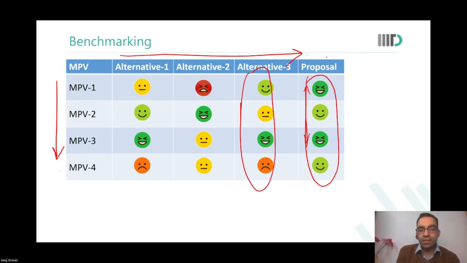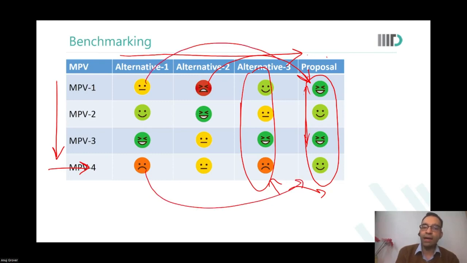And this MPV4 is what I will pivot to the users of alternative 3 to pull them over to my product. And say for alternative 2, I will pivot MPV1 to pull them to my product. For alternative 1, again, MPV3 and probably MPV1 is something that I would pivot to pull them to my product.